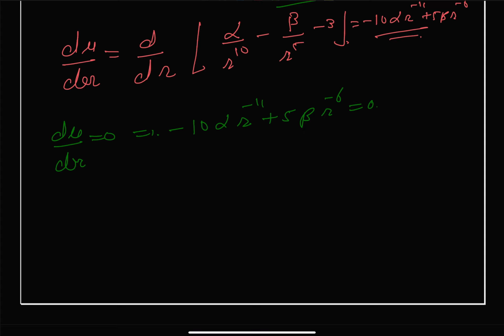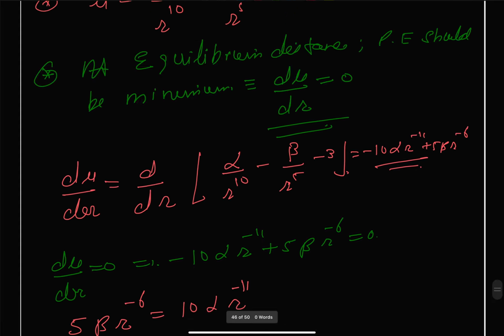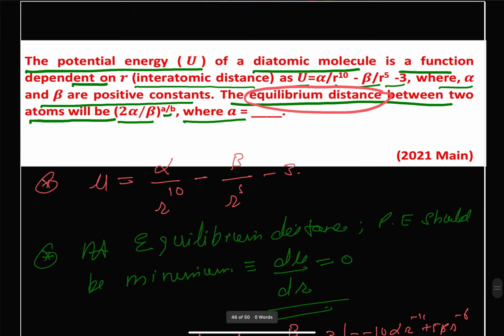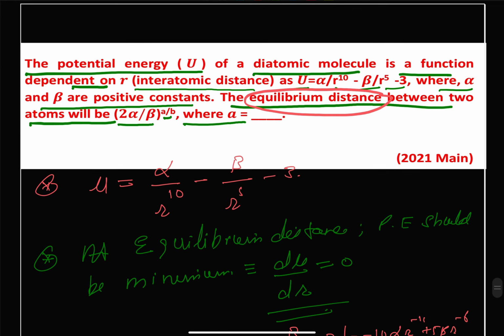Now it's a quite simple part. We get 5 beta r raised to power minus 6 is equal to 10 alpha r raised to power minus 11, and we are given in the format of distance, so we need to find out r.